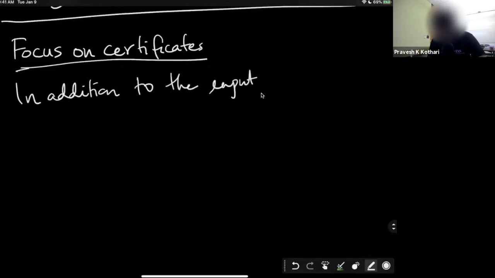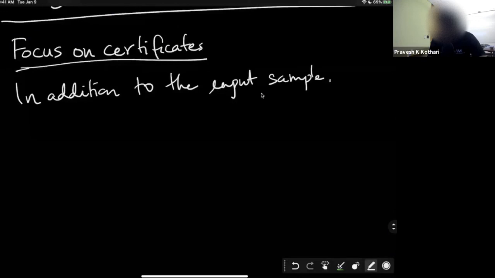We are going to instead focus on the following simpler problem, where, in addition to the samples that we were given as an input in our problem, we're also going to be given some purported cluster.